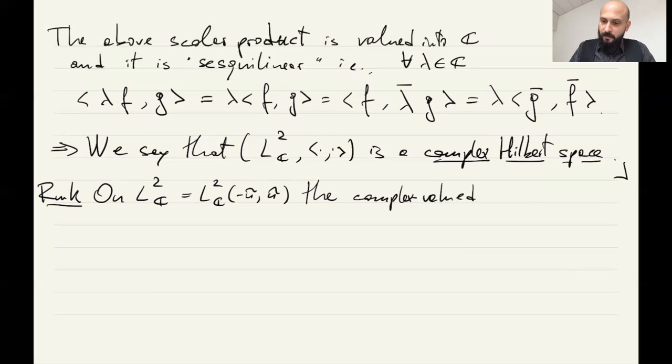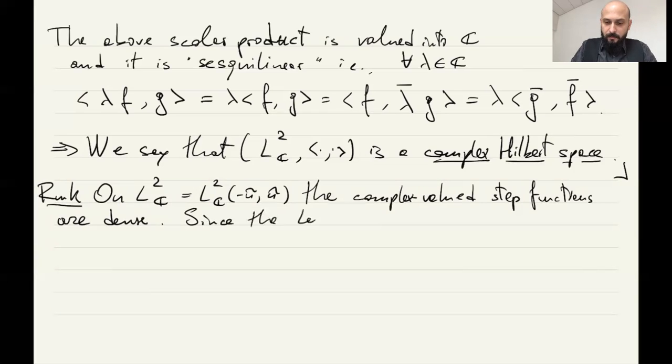The complex valued step functions are dense, and on that hand, the characteristic function of a set can also be approximated by the characteristic function of open sets. This is because we are using the Lebesgue measure, which is upper regular, so we can approximate with open sets.